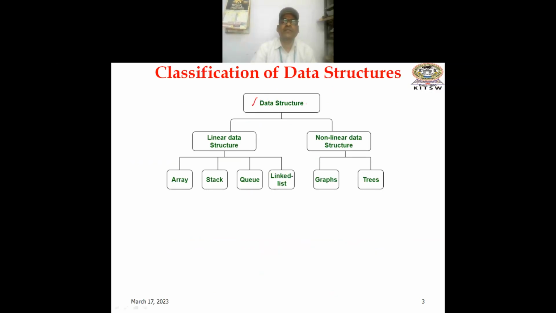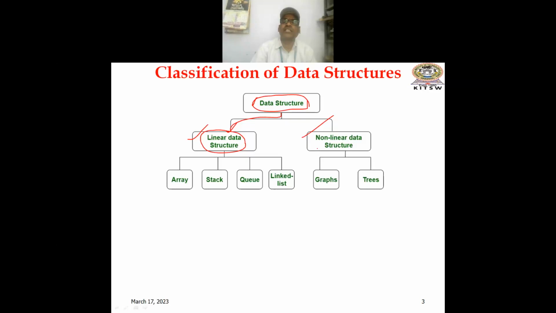If you see, the data structures are mainly categorized into two different types. One is linear data structures and another one is non-linear data structures. If you are organizing the data in a sequential manner, then it comes under the linear data structure.